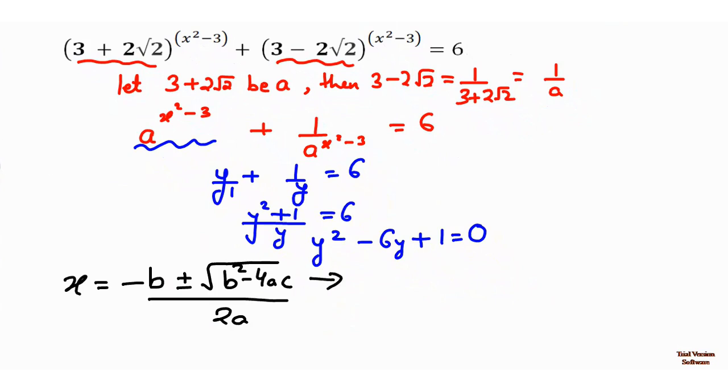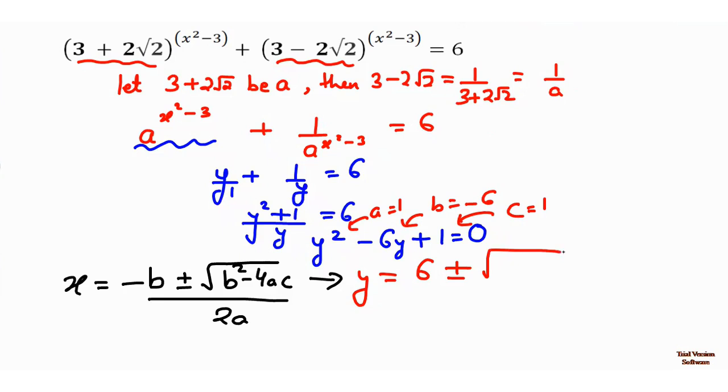So by using this formula, we'll get y is equal to, a is 1, b is the coefficient of y that is minus 6 and c the constant term here is positive 1. So y is equal to minus b that is positive 6 plus minus under root b square that is minus 6 square that will give you 36 minus 4 into a is 1 and c is 1, upon 2 into 1.